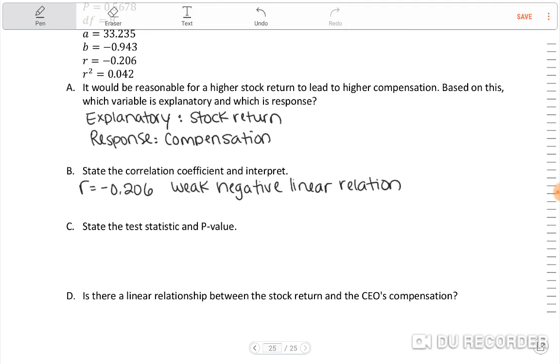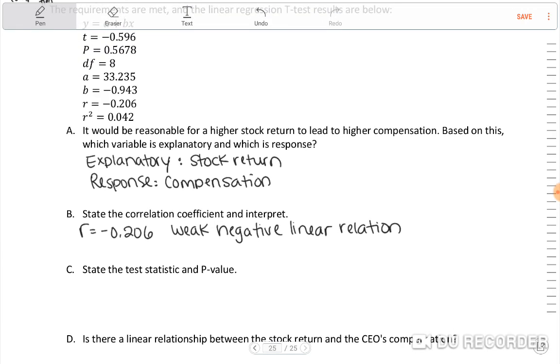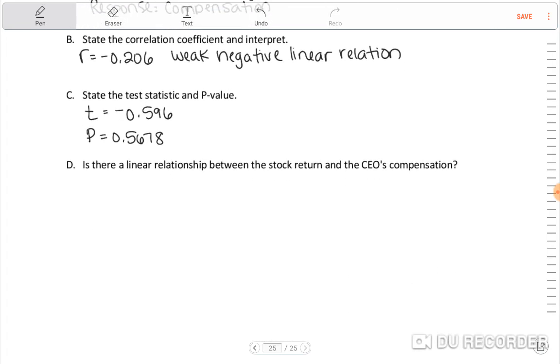State the test statistic and the p-value. All right, so your test statistic, t, is negative 0.596. The p-value is 0.5678. Is there a linear relationship between the stock return and the CEO's compensation?